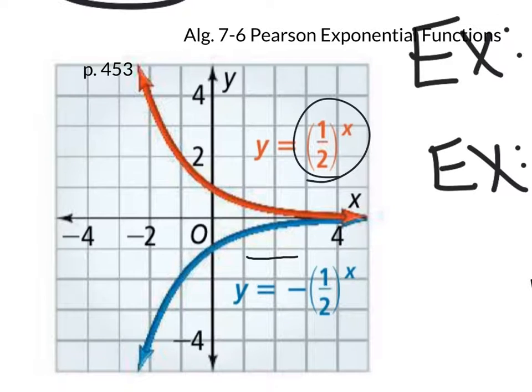As x is getting really big, the more times you take half of something, the smaller it's getting. But it's still going to stay a positive number. Half times half is a fourth, times a half is an eighth, times a half is a 16th, times a half is 1/32. It gets smaller and smaller, but it's never going to get to 0. That's the idea of that horizontal asymptote.